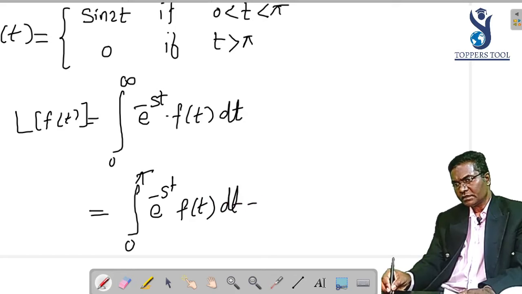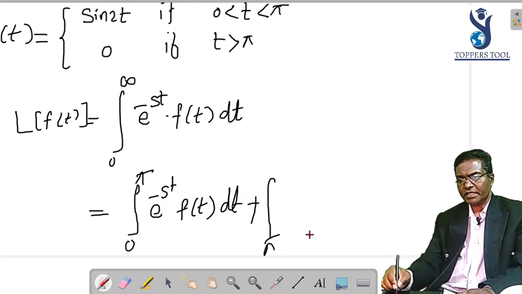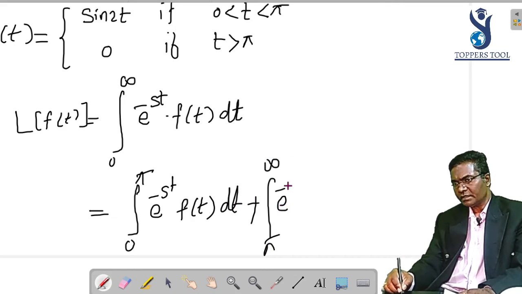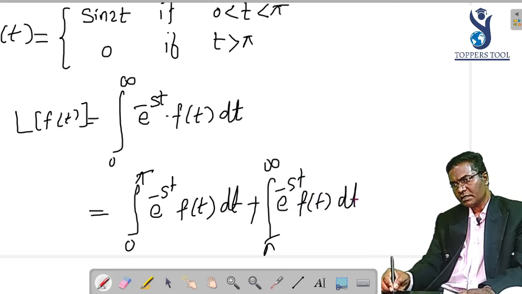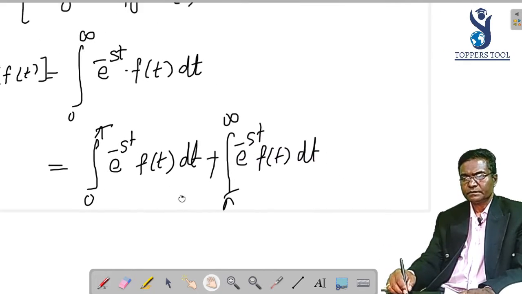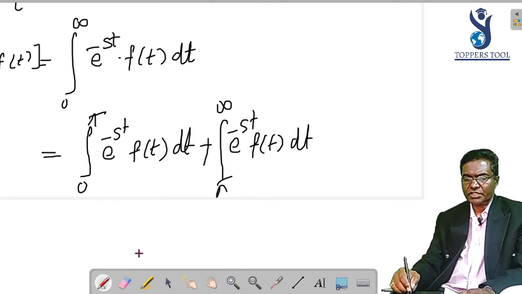You can split this interval 0 to infinity as 0 to pi and pi to infinity. Now the respective function you have to put.